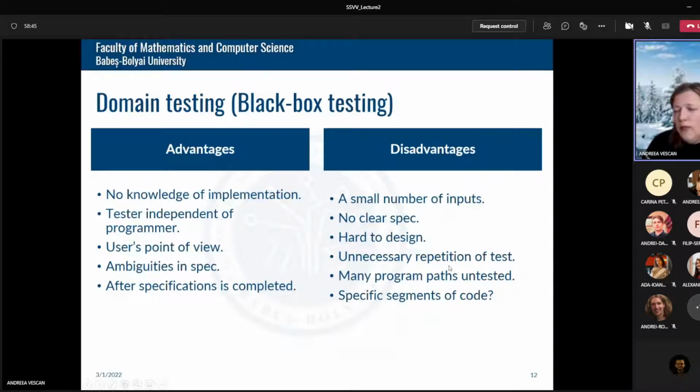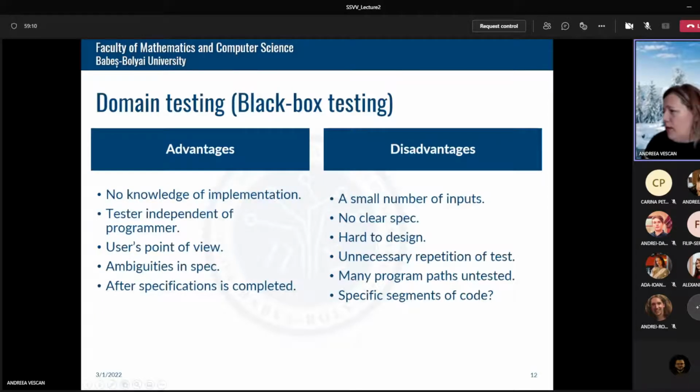We don't know how the program will be implemented; we just know some cases from this perspective. So many of the paths in the actual implementation would remain untested. That's why it's important to also apply white box testing: basically, make sure that you at least test all the source code.